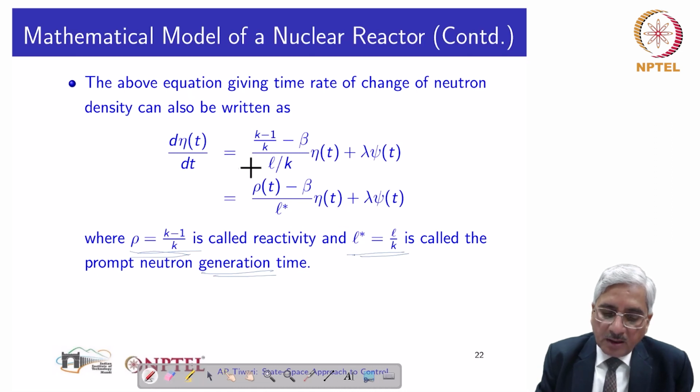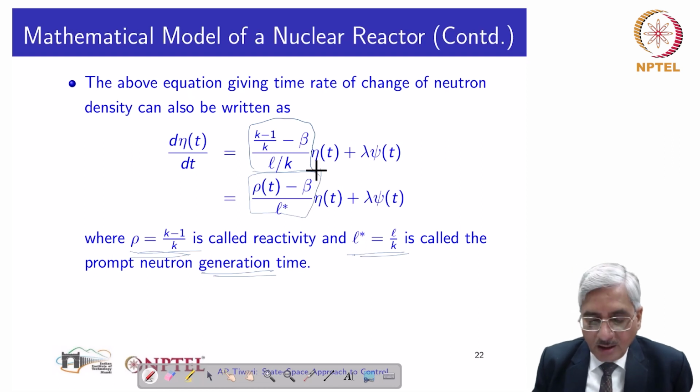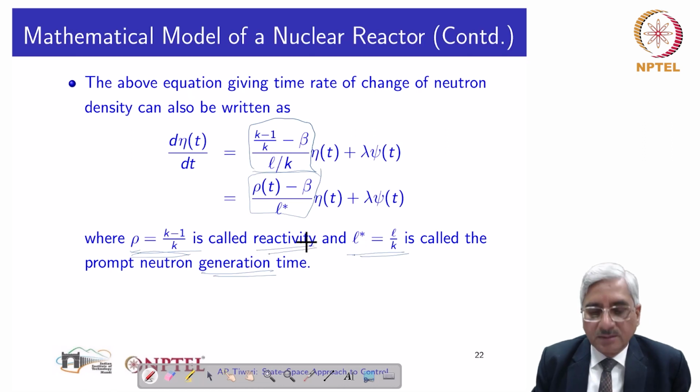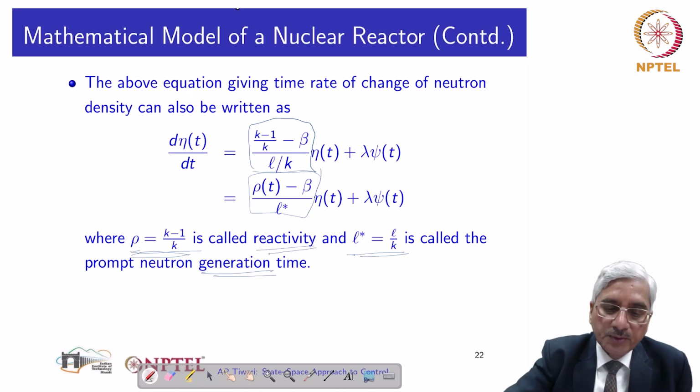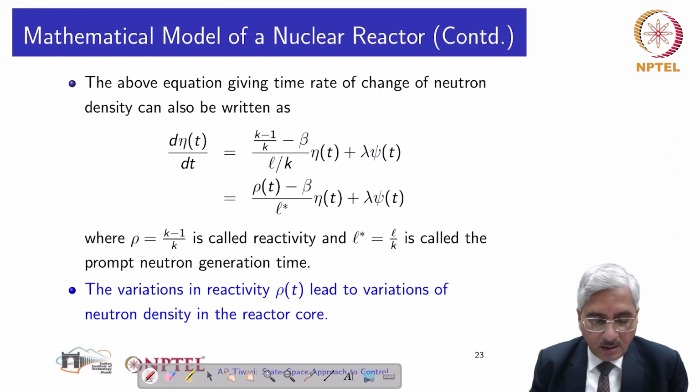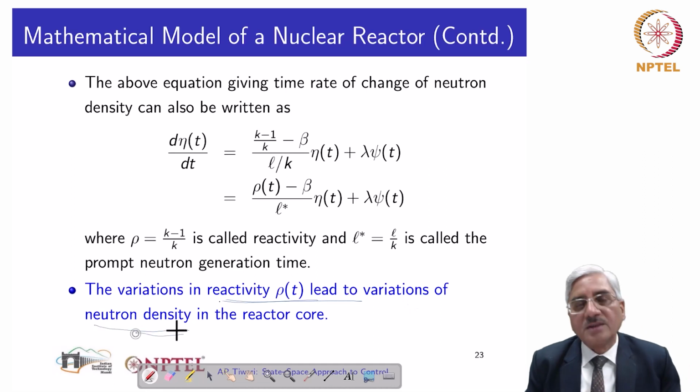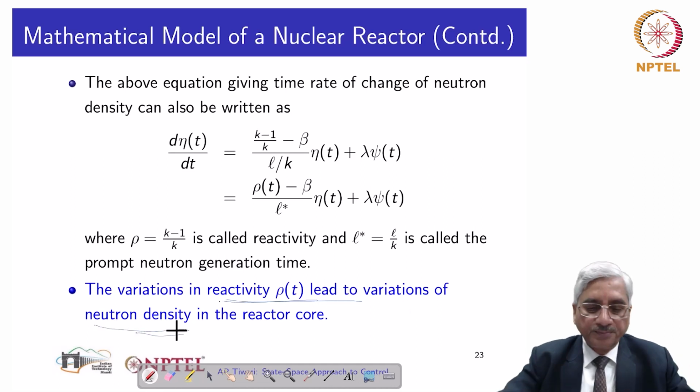So this expression becomes this expression, and here rho is called the reactivity, as I said. Essentially, this is the input to the reactor, and its variation leads to variation in neutron density. We'll see.